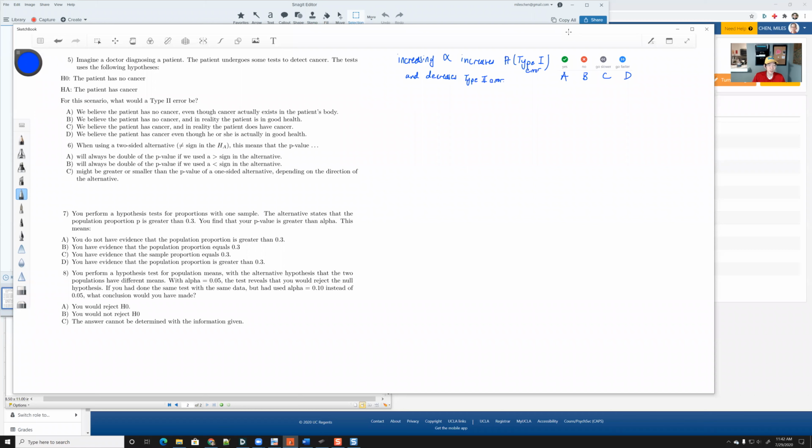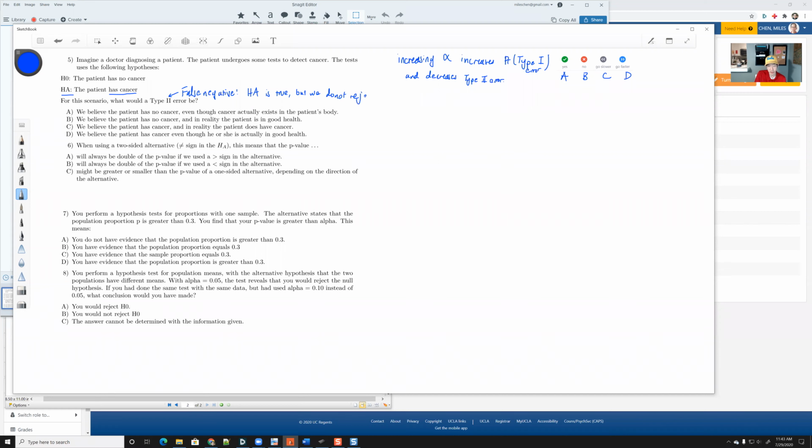Go ahead and give us your answers for this scenario. What would a type 2 error be? The type 2 error is the false negative. In this case the alternative is true: the patient actually has cancer, but we do not reject the null.